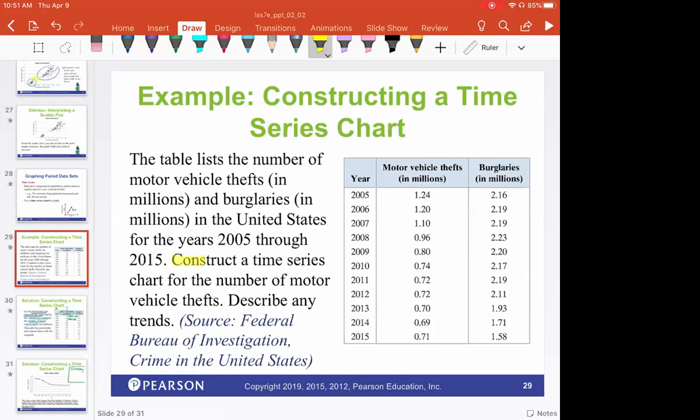So we want to construct a time series chart for the number of motor vehicle thefts, right? Okay, so it gave me all this information, but the only one I care about is these right here, these motor vehicle thefts. So I want to make a time series one, so I have to worry about the year, and I have to worry about what topic it wants me to focus on. It wants me to focus on the motor vehicle thefts.